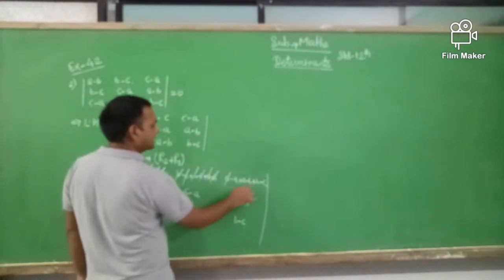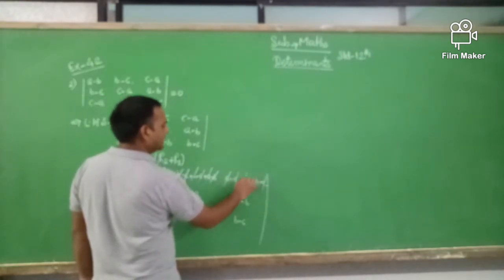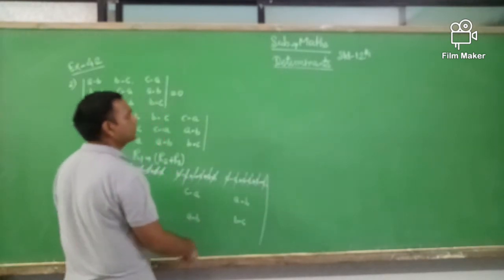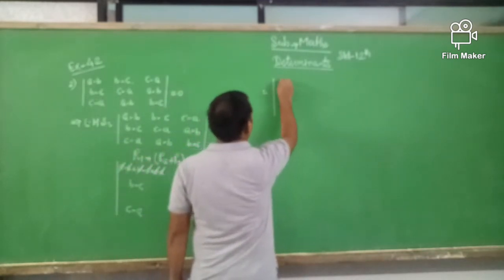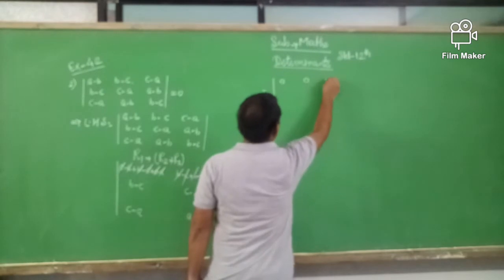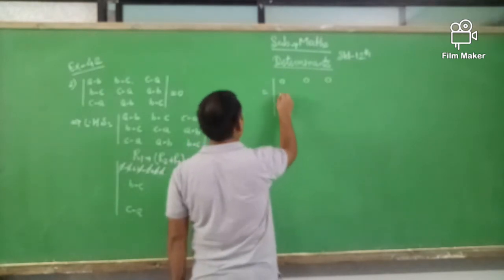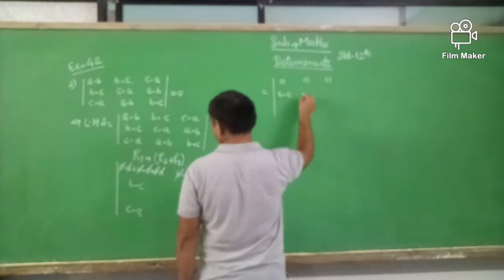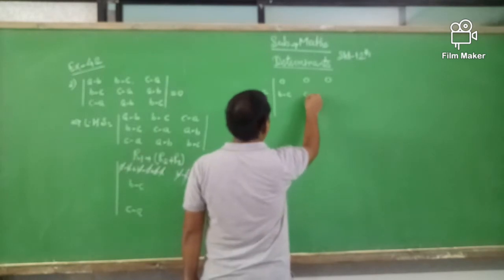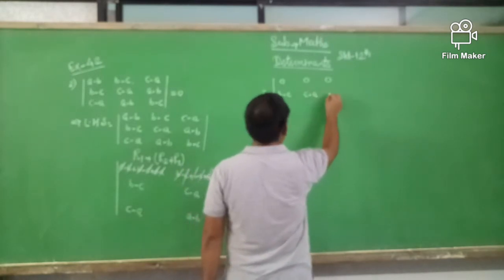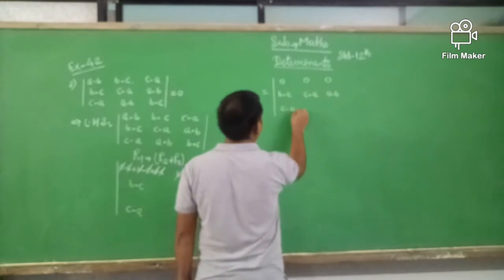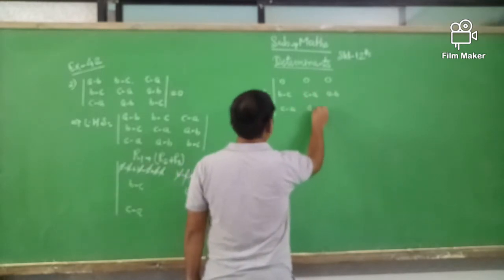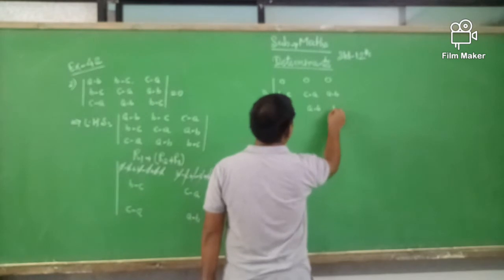So this is equal to the determinant with 0, 0, 0 in the first row, and the second row b minus c, c minus a, a minus b, then c minus a, a minus b and b minus c.